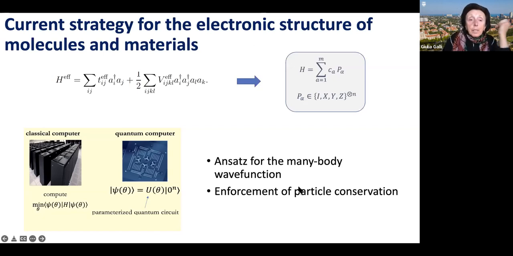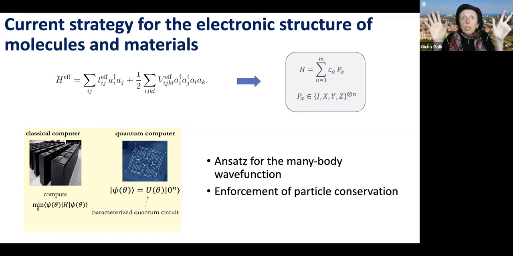Of course, everything we have learned for many years is here, right? Let me remind you, it's in these T and V. These are terms that tell us about the molecule and the material that we are still computing on the classical machine. But the strategy is totally different.